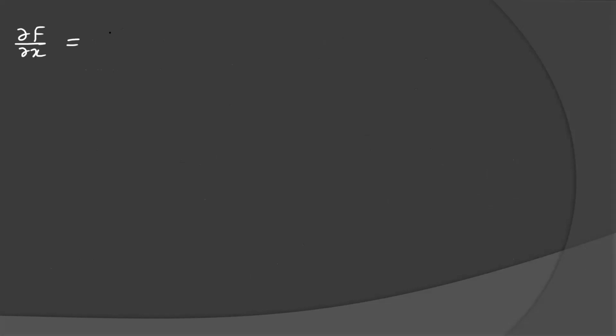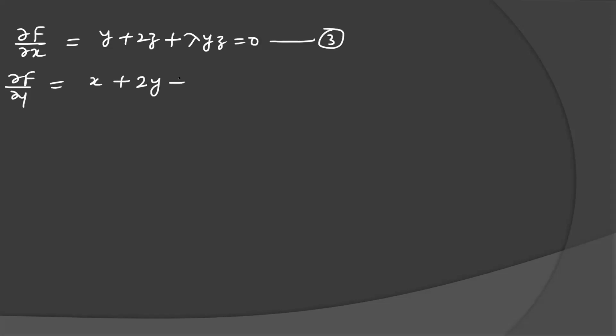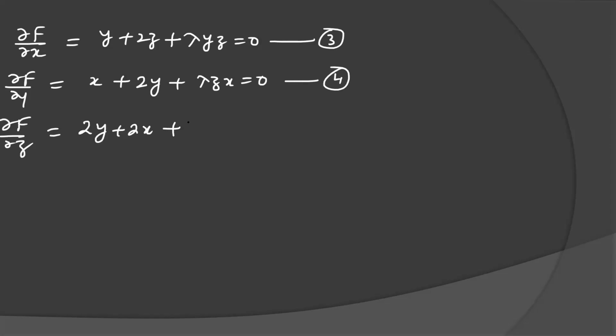This will be y plus 2z plus lambda yz equal to 0, equation number 3. Del F by del y equal to x plus 2z plus lambda zx equal to 0, equation 4. Del F by del z equal to 2y plus 2x plus lambda xy equal to 0, equation number 5.